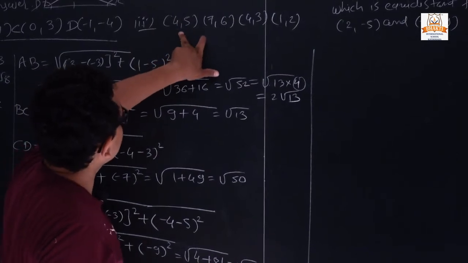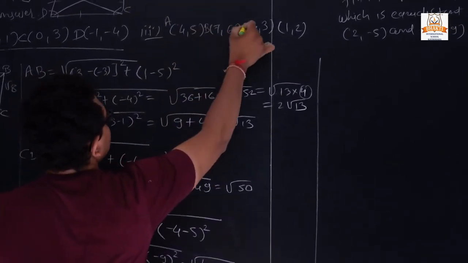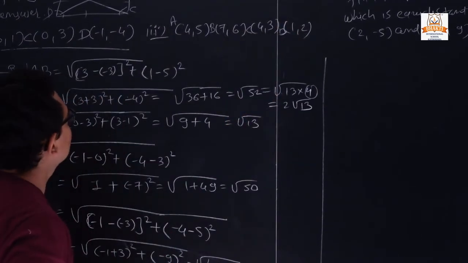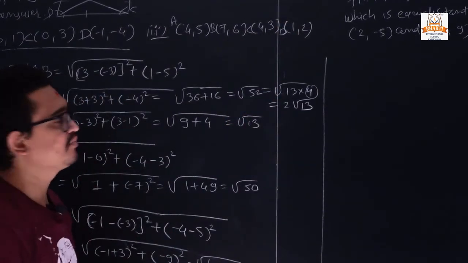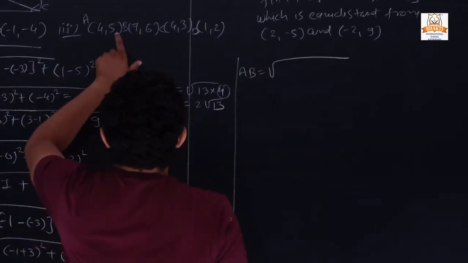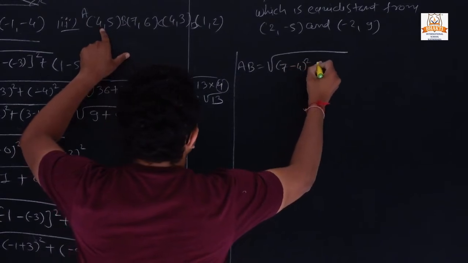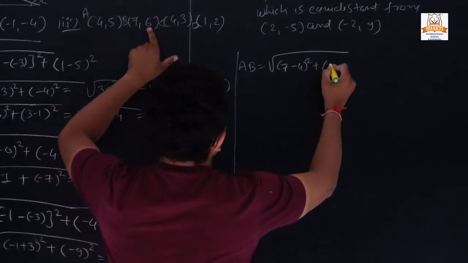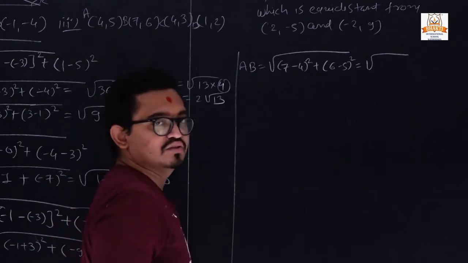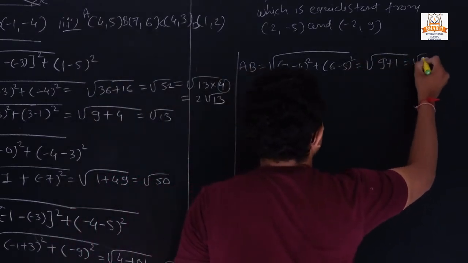Here once again we have 4 points. It is A, this is B, this is C, and this is D. So now we can start with AB. So x2 minus x1 all square, y2 minus y1 all square, 7 minus 4, 3 square is 9 and 1 square is 1, so under root 10.